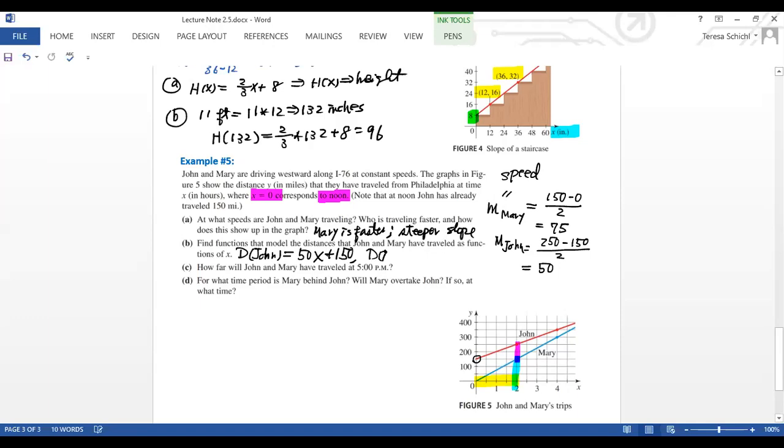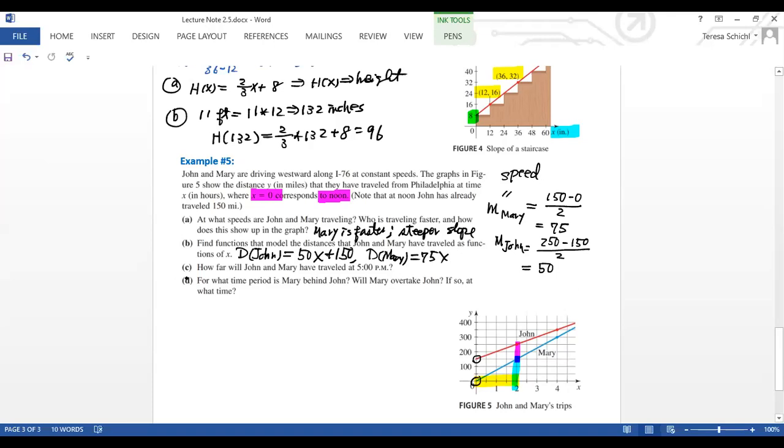The distance for Mary will be 75x, and Mary started at 0, so there's no y-intercept here.